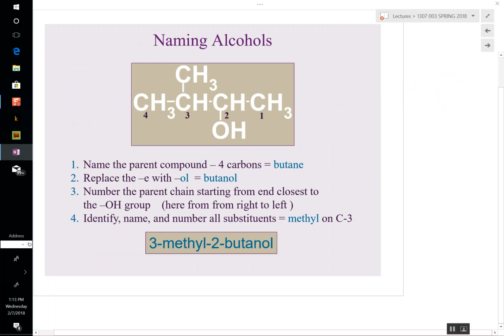Here's one simple example. 4 carbons long. Again, you're using the same rules you used in chapter 10 and 11, and we're just now trying to figure out how do we accommodate an OH in the name. The way we're going to accommodate an OH in the name here is we're picking up the OL from the word alcohol, and we're tagging it on the end of the name.